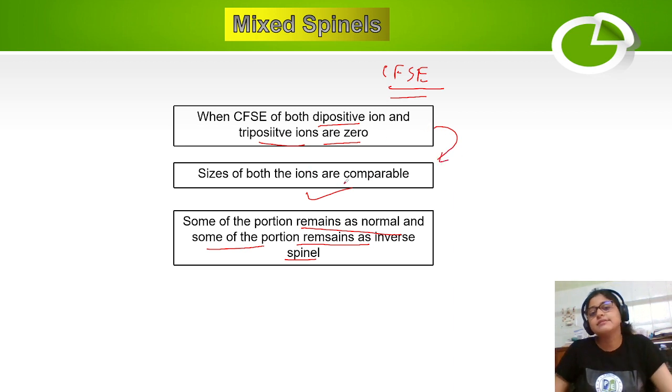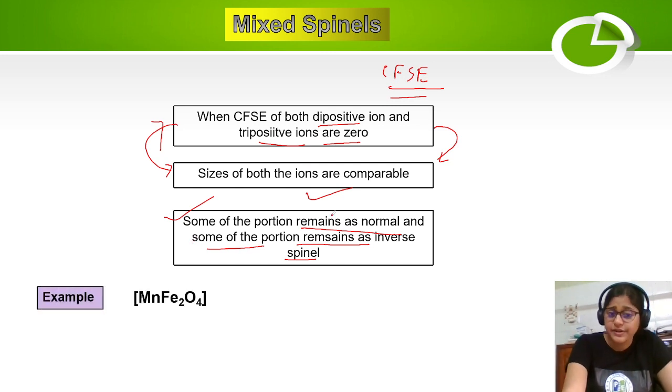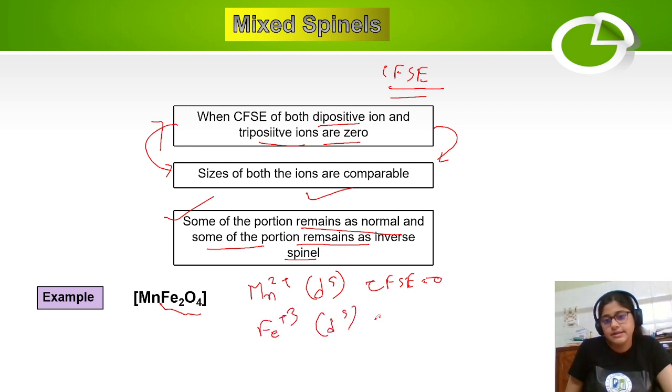But here the sizes are also comparable. That time, if these two conditions are there, some portion can remain normal and some can be inverse. For example, MnFe2O4. Okay, so Mn is here 2+, which is d5, and CFSE is 0, right? And Fe3+ is d5 and CFSE is 0.